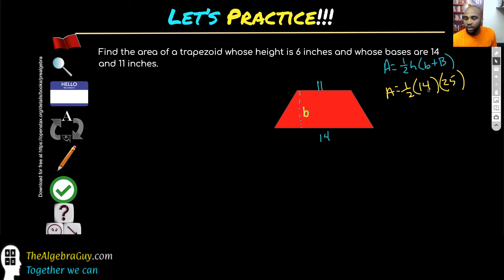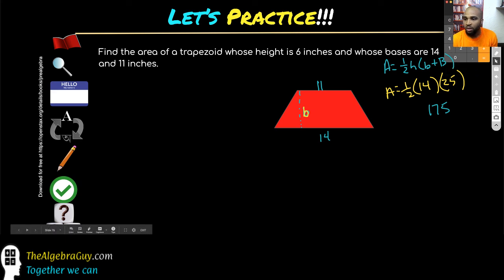To keep this simple, I can do 1/2 times 14 is 7, because half of 14 is 7. 7 times 25 should be easy. Why? Because 7 quarters is easy to count. That's $1.75. But I'm going to work it in the calculator just to be sure. So we're going to work that out. 0.5 times 14 times 25 is 175.